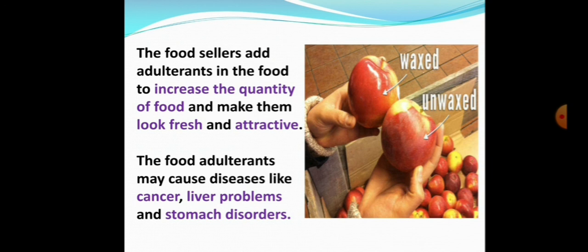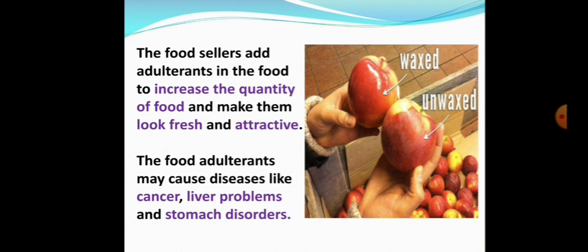And as you saw in that tomato picture, food sellers use adulterants to make food look fresh and attractive. When the thing looks fresh and attractive, the customer will also get attracted towards it. The customer will purchase it, and like this, food sellers will earn profit. They will have more money. So for this, they add these harmful things in the food.